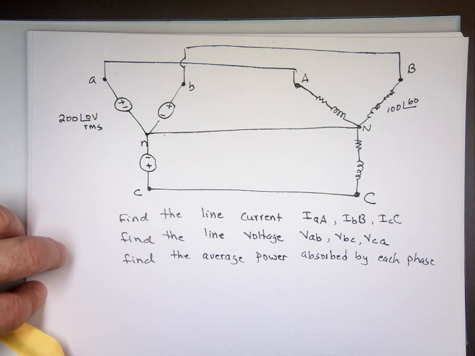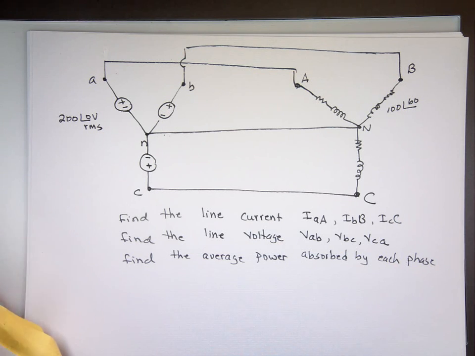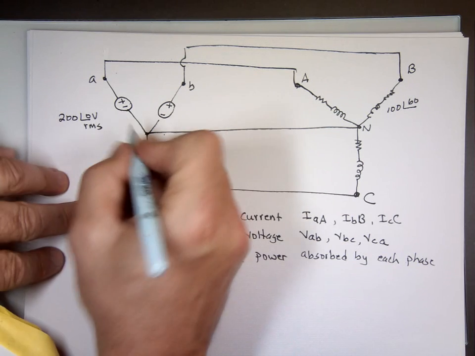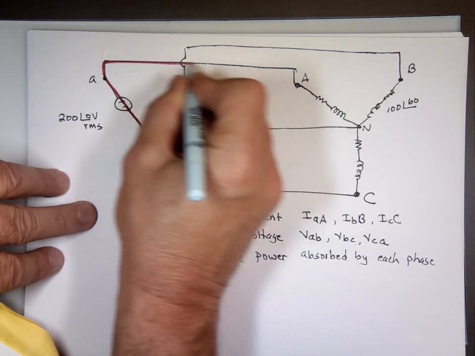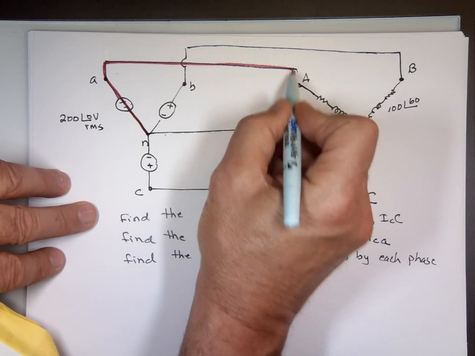Sounds like a lot of questions. But the nice thing about Y to Y is, if you trace one path, notice this is one path, the same current goes through them, it doesn't split.